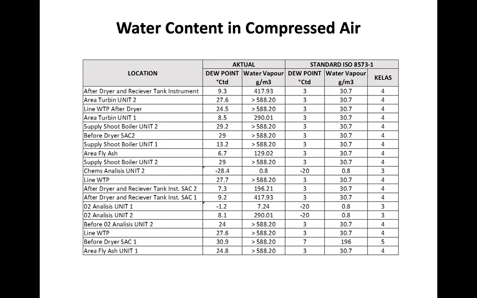And basically for this application after dryer and receiver tank, the compressed air quality should be classified as class 3, with water vapor of 30.7 gram per meter cubic.